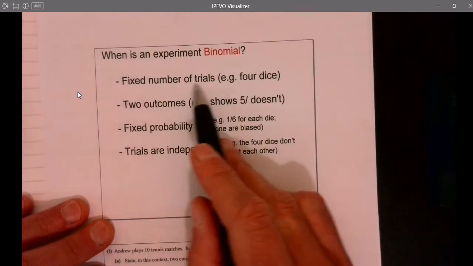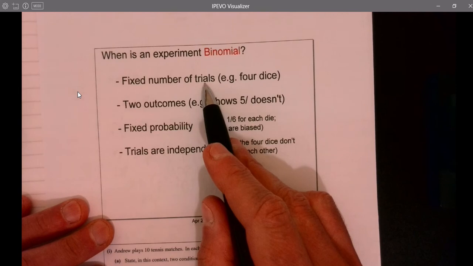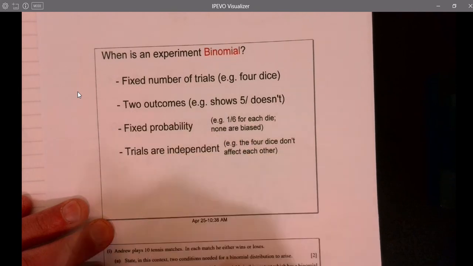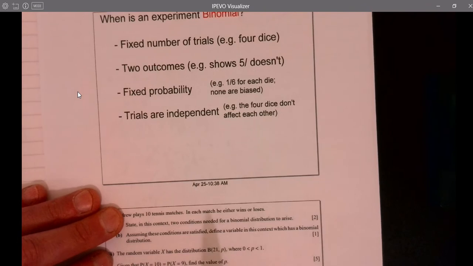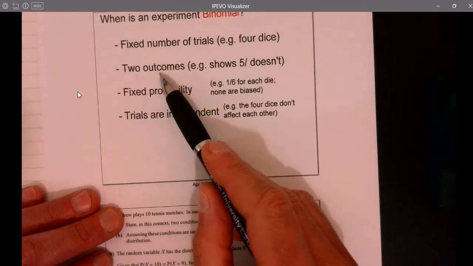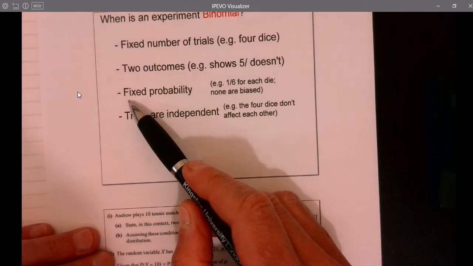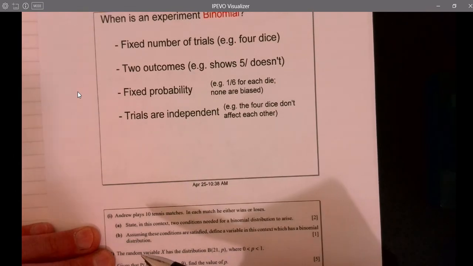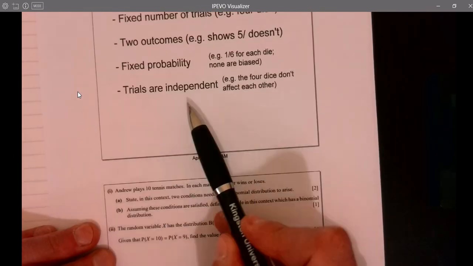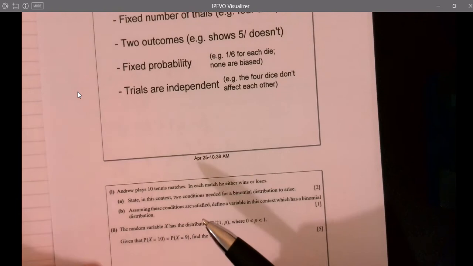We're looking for a fixed number of trials, so I do this a set number of times. Two outcomes, so you could talk about the probability of something happening and not happening. And a fixed probability, which is always going to stay the same. And trials are independent, it's not going to be influenced or change as you go through. So those are the things that we're looking for.